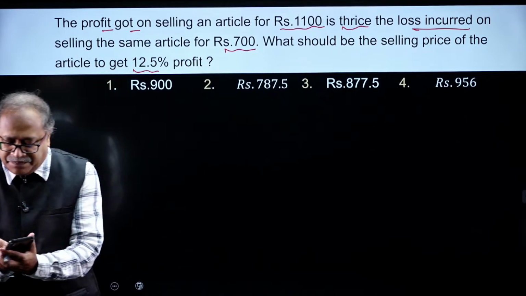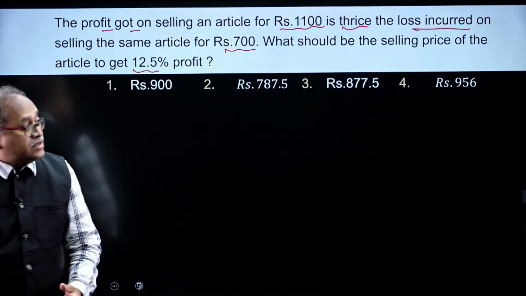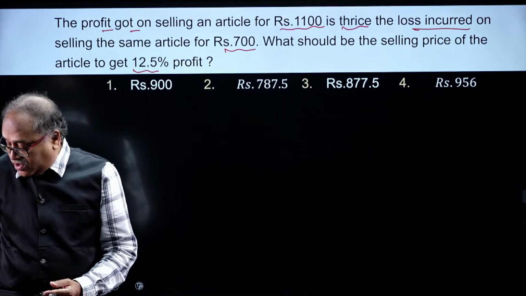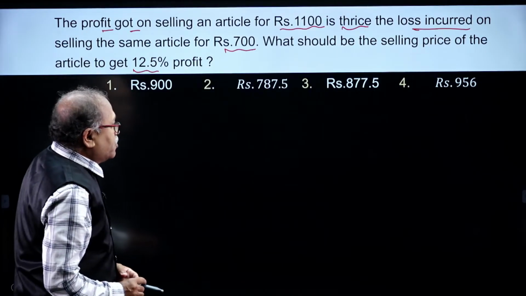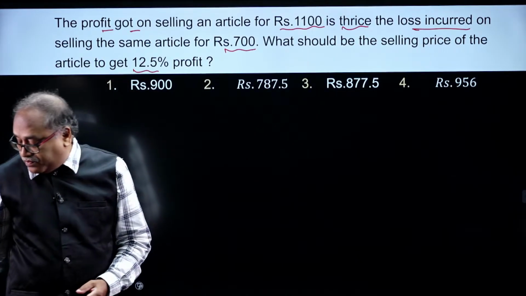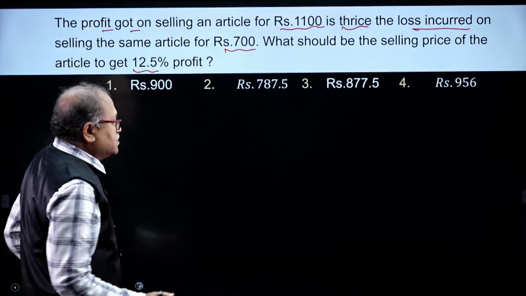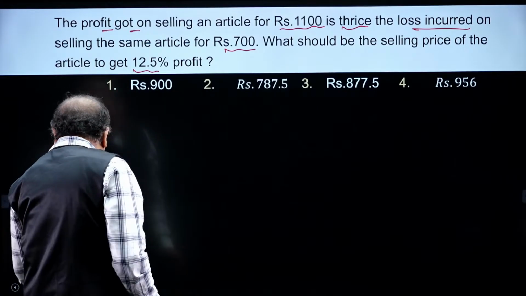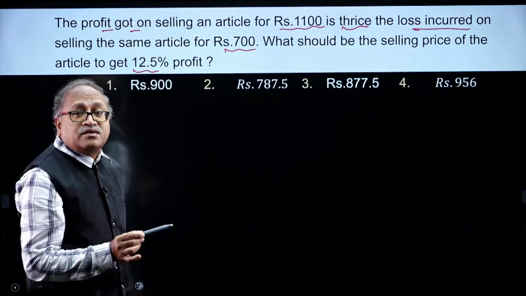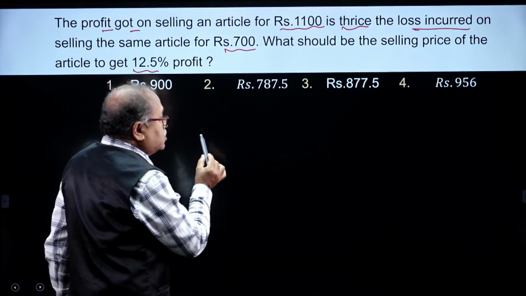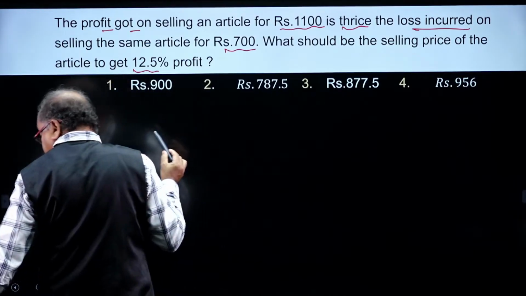Come on, time is up, but I didn't see the answer. So, not to worry over here, that is the profit, right? Okay. How do we get the cost price over here?